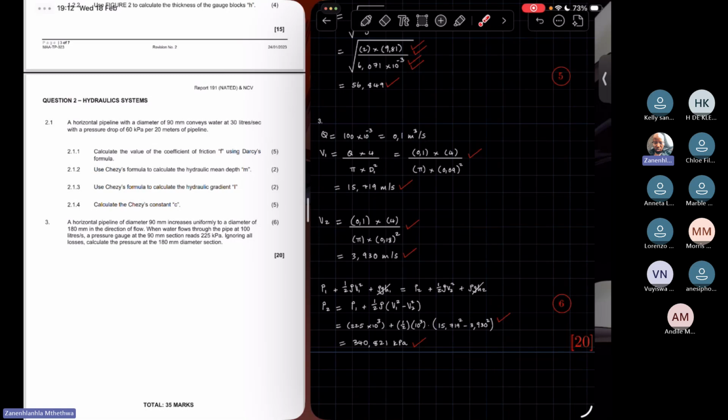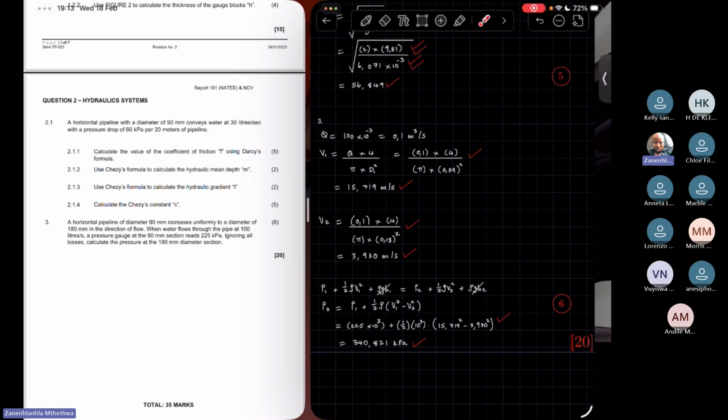All right. But seeing that the pipe tapers, it means there's going to be a change in velocity, hence a change in kinetic energy, which is why it is important to establish what V1 and V2 is equal to, which here is quite easy because they've given us Q. Seeing that they've given us Q, you can simply use this formula in calculating V1 and V2.